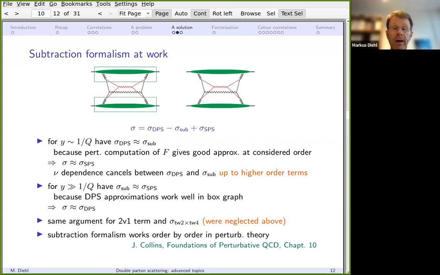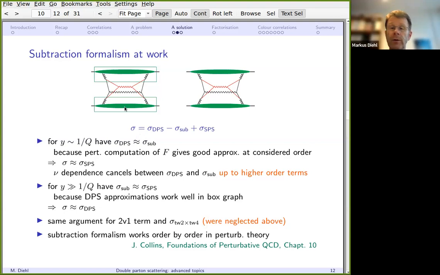And in the small y region, close to the lower cutoff, these two terms are equal, or approximately equal, and therefore how far you integrate down in y, whether to 1 over q or 2 over q or 1 over 2q, should not matter much.